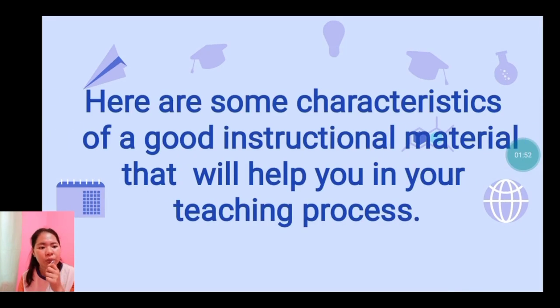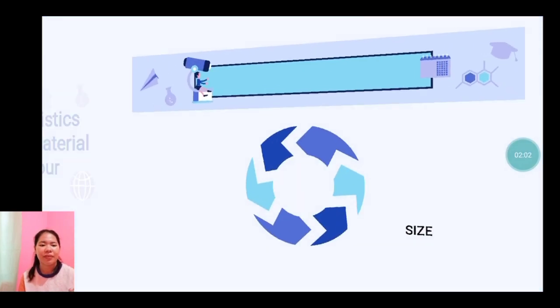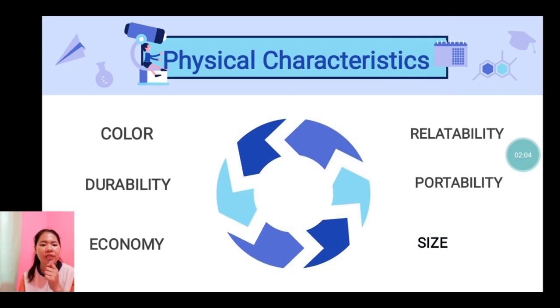Here are some characteristics of good instructional material that will help you in your teaching process. We have 6 physical characteristics: size, color, durability, economy, readability, portability. First is size.